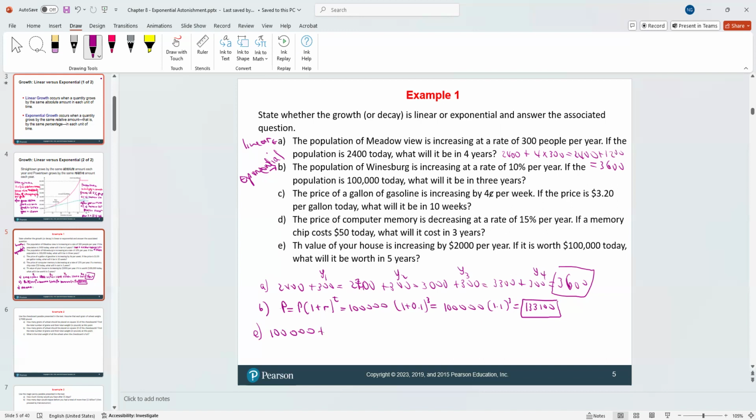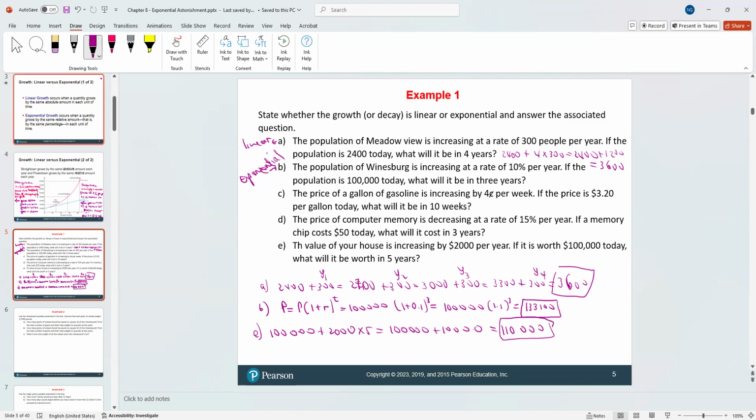So it's plus $2,000 for each year. Because you said 5 years, you need to multiply by five. Five times 2,000 gives you 10,000. So it would be $110,000 after 5 years.